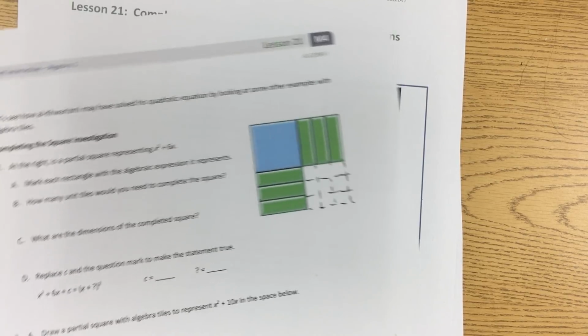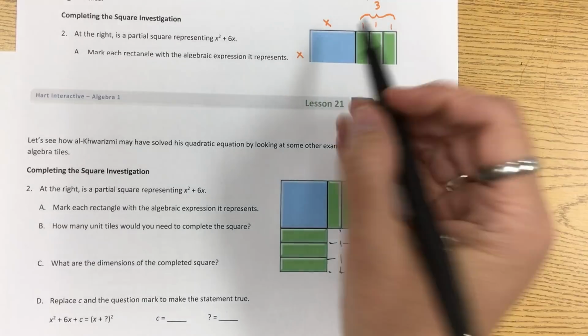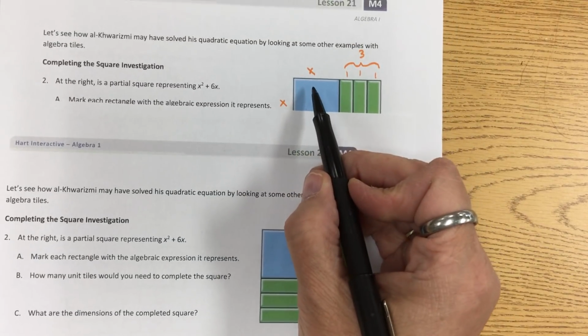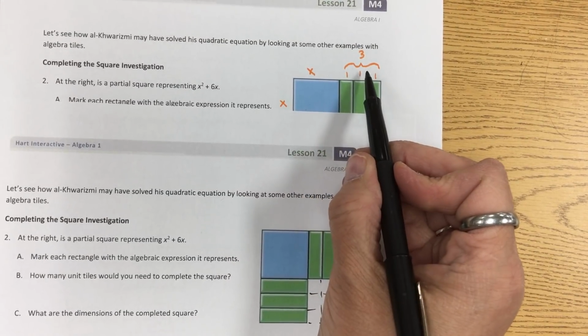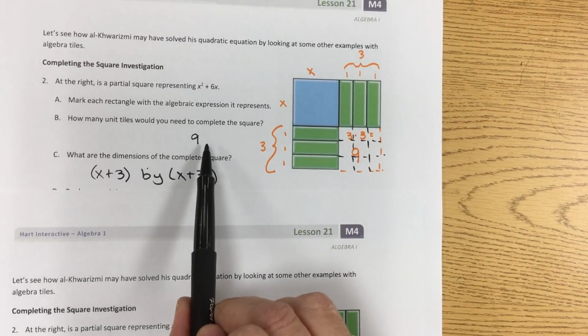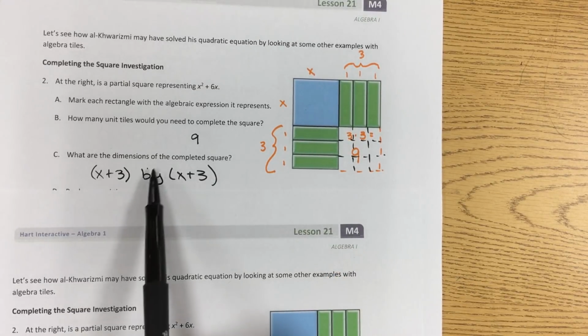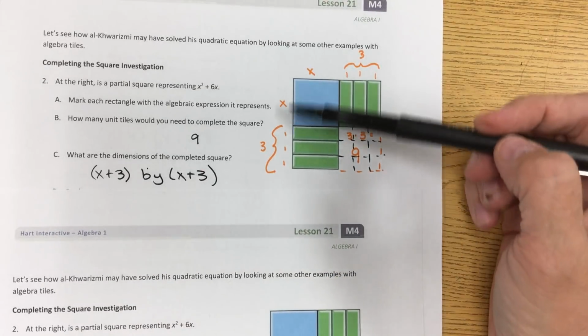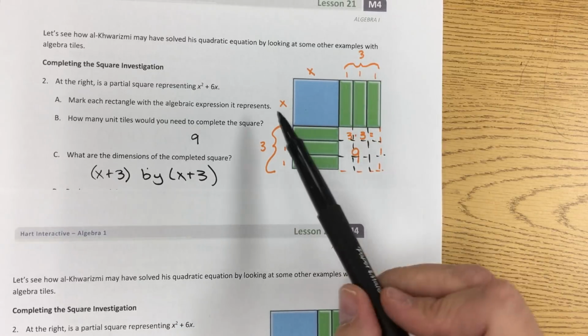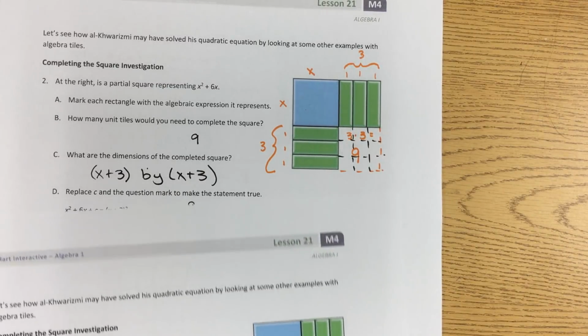Now, when you did this, you should have gotten that you have on this side x plus 3, and on this side also x plus 3. Should have got 9 complete squares down here. The dimensions, that means this side times this side. So this side was x plus 3, this side is x plus 3.